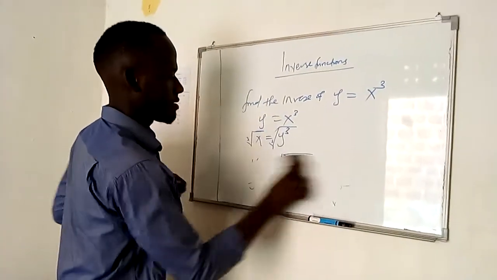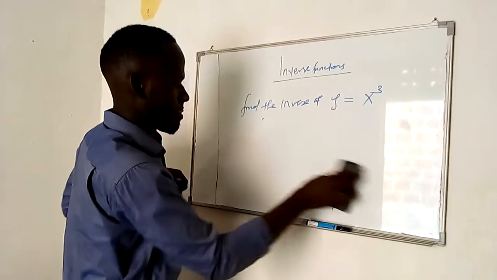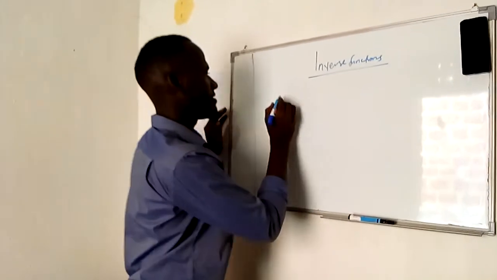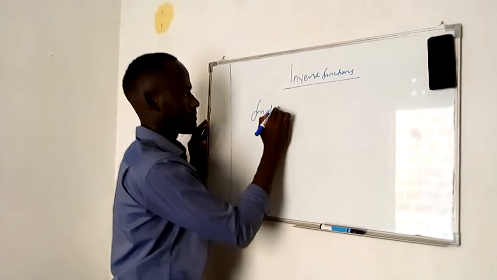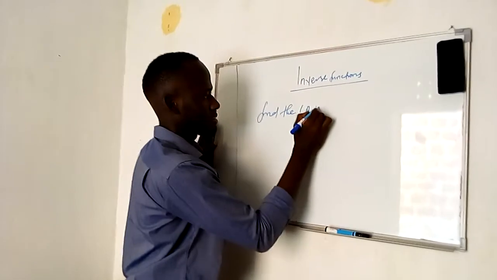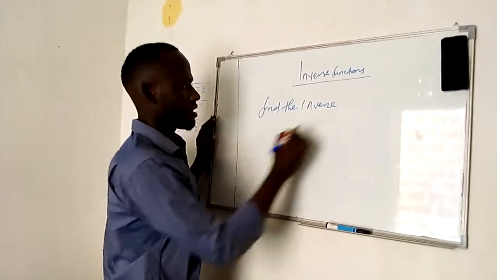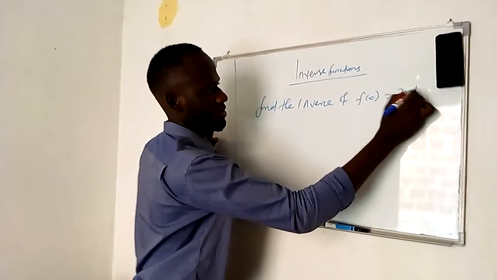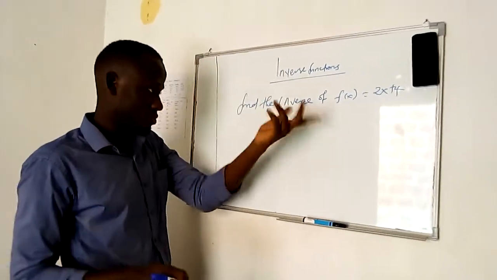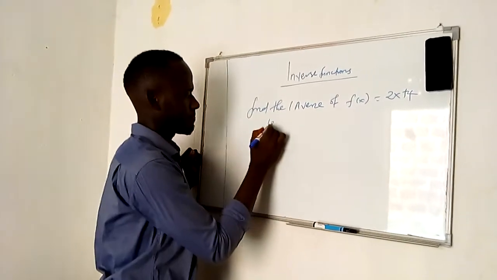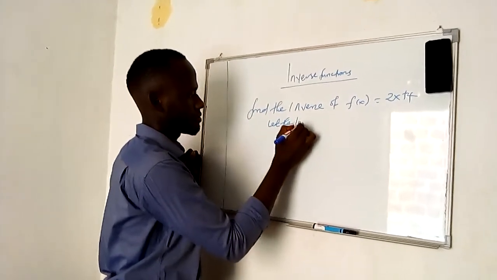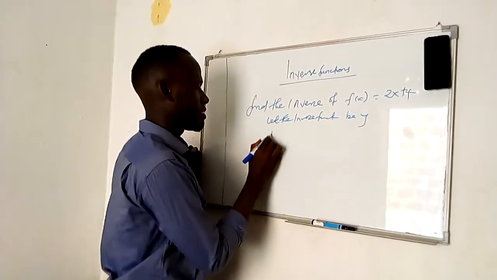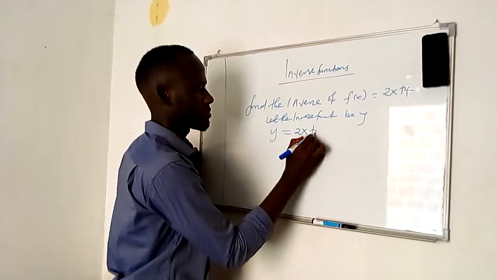So further on, actually, inverse is not something big. Maybe they can also say find the inverse of f of x is equal to 2x plus 4. You have a question like that, you say let the inverse function be y is equal to 2x plus 4.